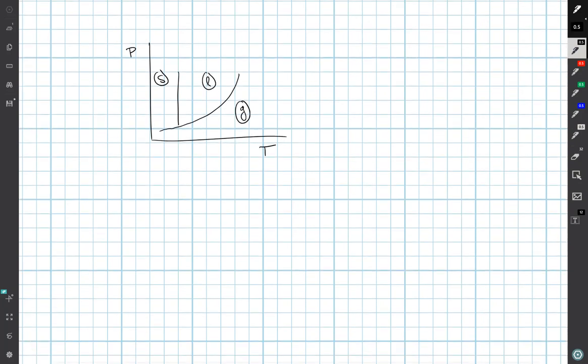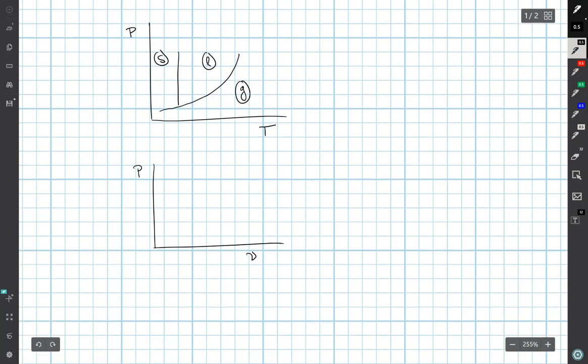Now we can think about the phase diagram of a material, or the state diagram of a material, like this, but we can also think about it with, say, pressure and, down here on the x-axis, specific volume.